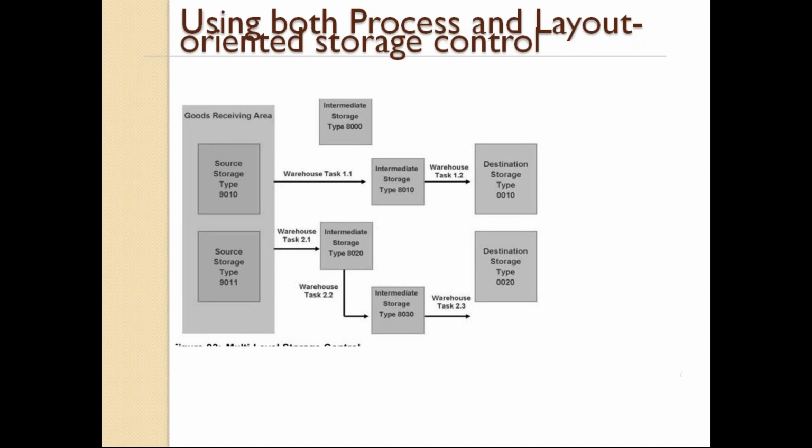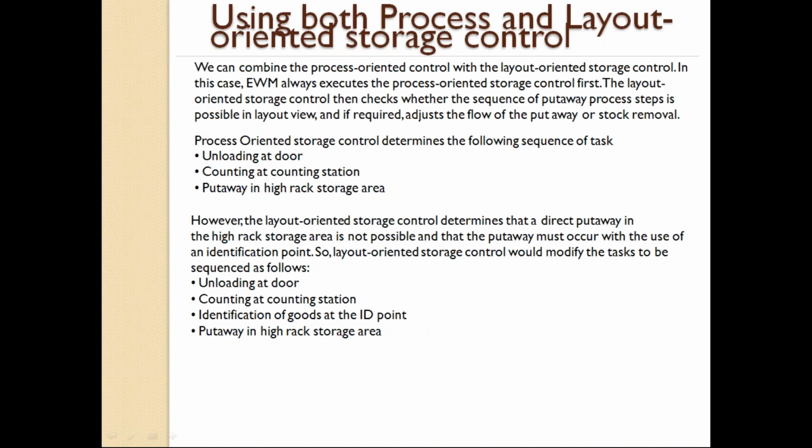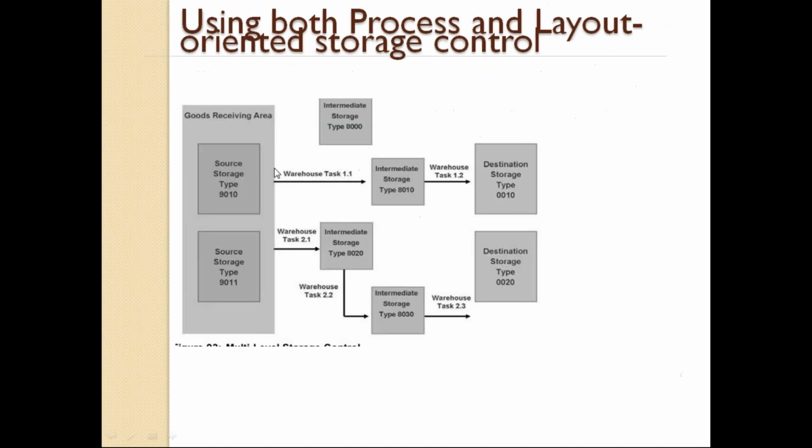Then let's look at this diagram now from the point of view of this example. Let's say this is a process where we don't have LOSC. First, when you do a goods receipt, it will move to 8010, and then it goes to destination bin. So this is your intermediate storage, 8010 storage type.